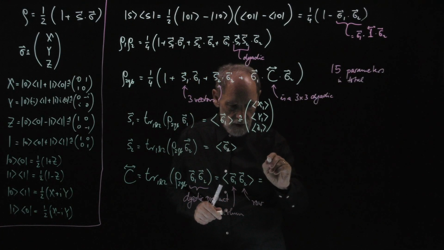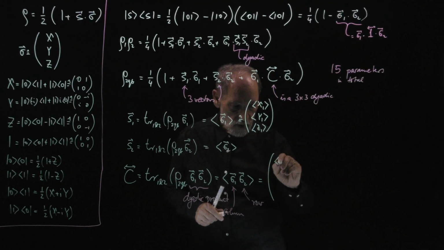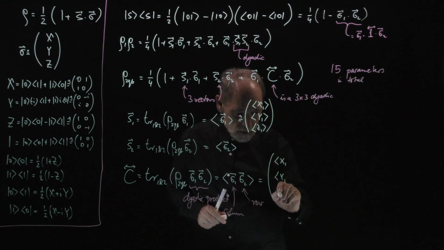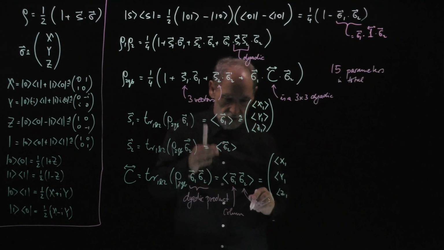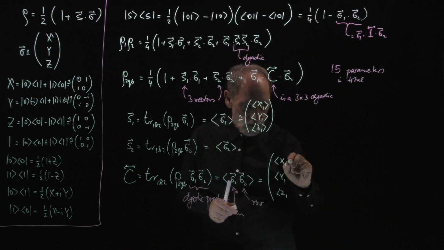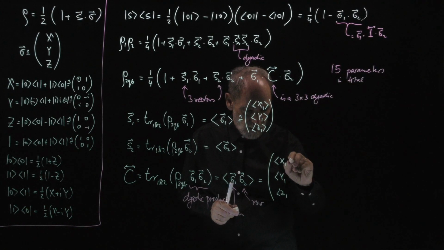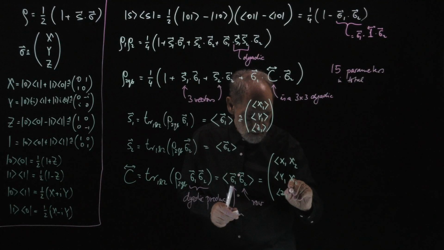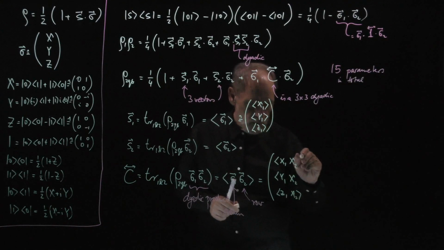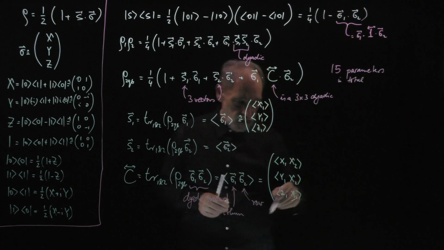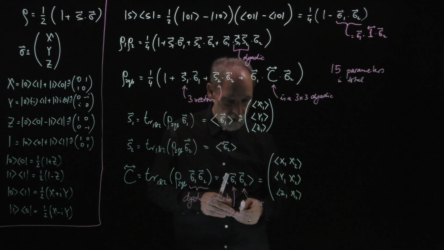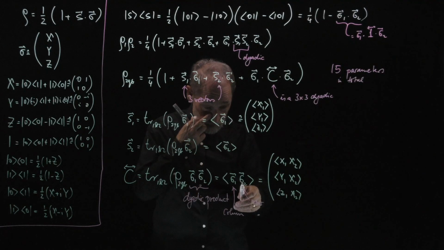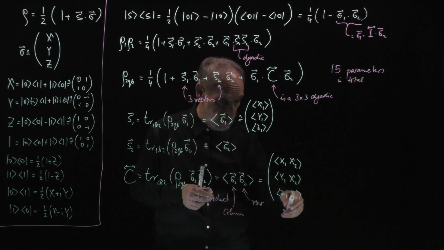And so what we have here is a 3 by 3 matrix where we have x1, y1, z1 for the column, and then for the row we have x2 and y2 and z2. So these are the entries in the first column, where we have the column for sigma 1 and the first entry of the row for sigma 2, which is the x2.